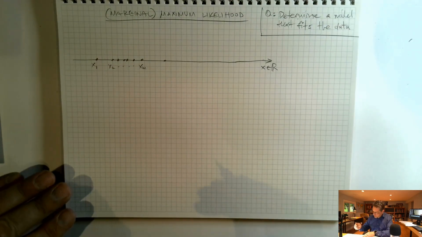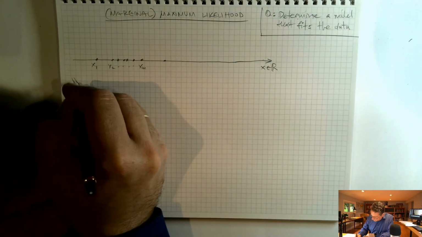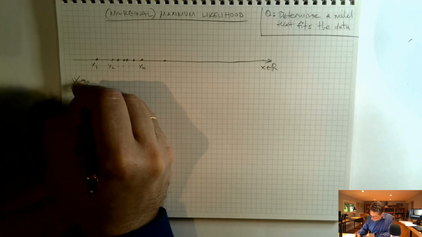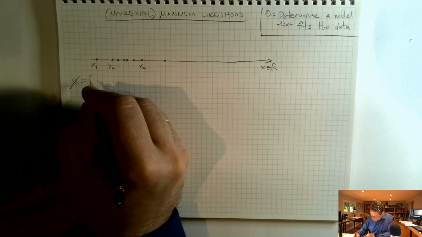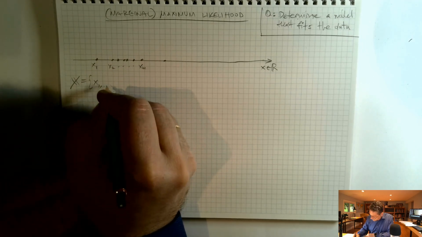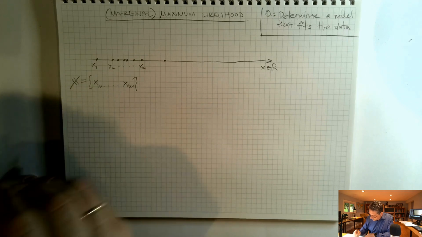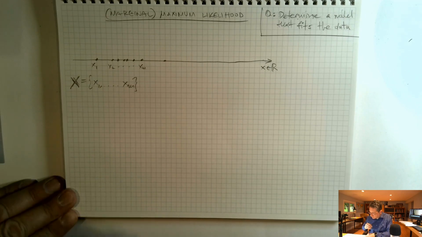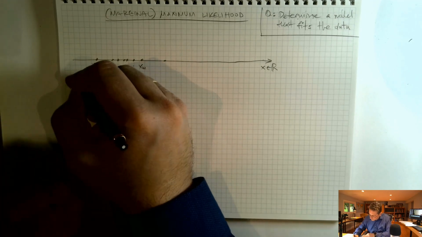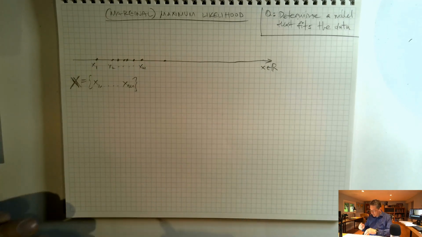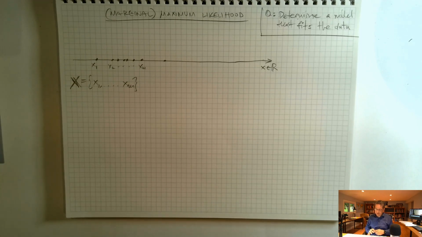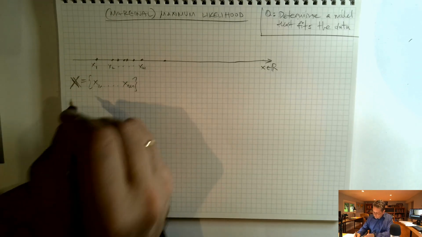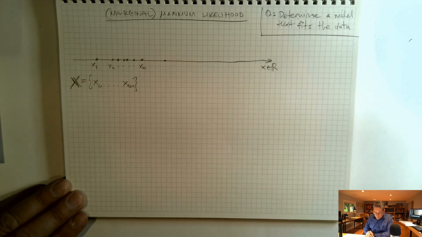And the data set is going to be denoted by x1 to xm. Note the strange kind of x there, in order for us not to associate it with a vector. This is not a vector, it is a set. So the set consists of all the data that we have.